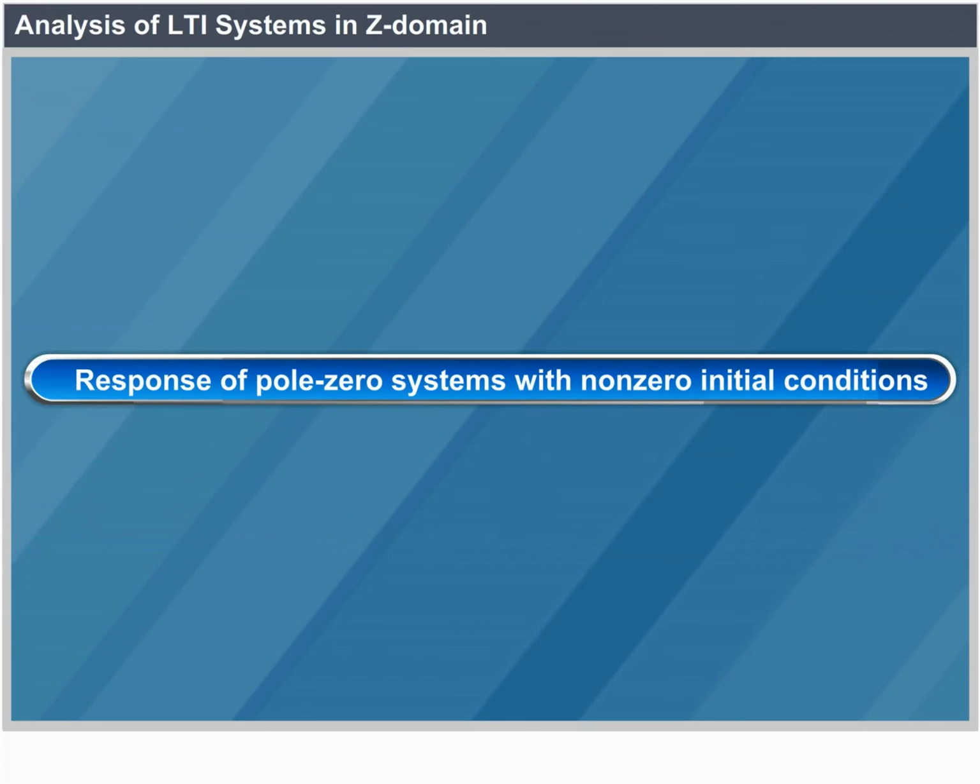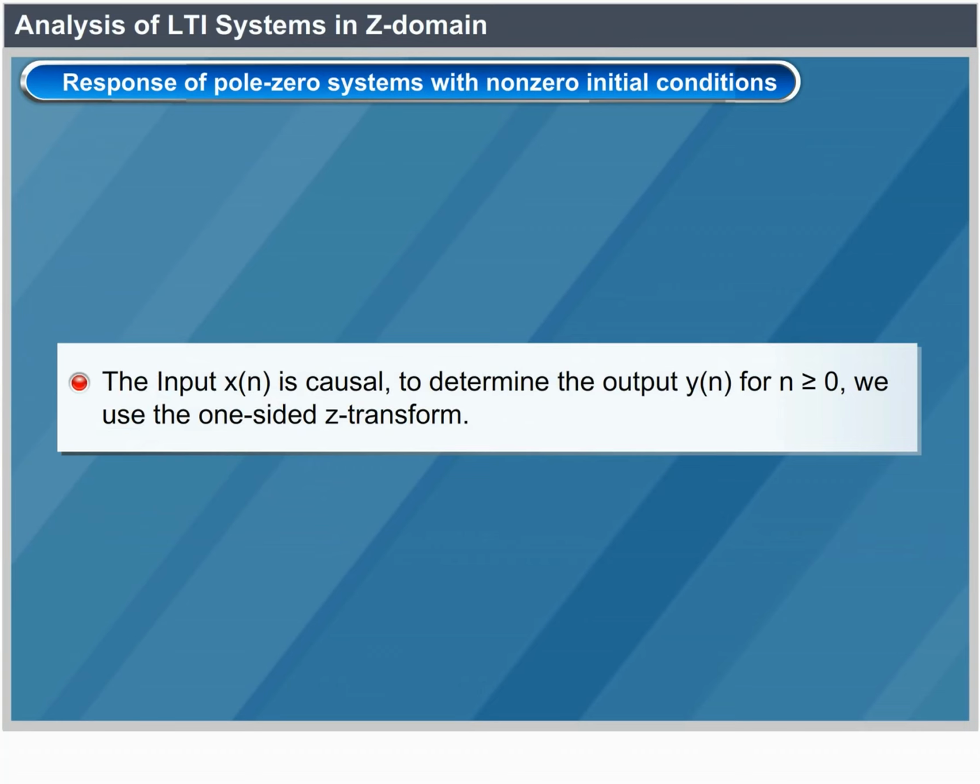Response of pole-zero systems with non-zero initial conditions. The input signal x of n is causal. To determine the output y of n for n greater than or equal to 0, we use the one-sided Z transform.